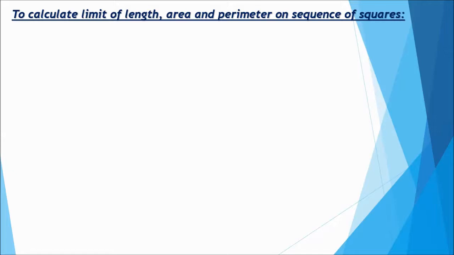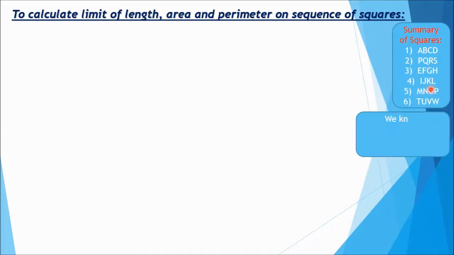A calculation table. Now the summary of a square, which we have already seen in the previous slide, is necessary. So it is a small recap. And we need the formula to calculate the area of a square.